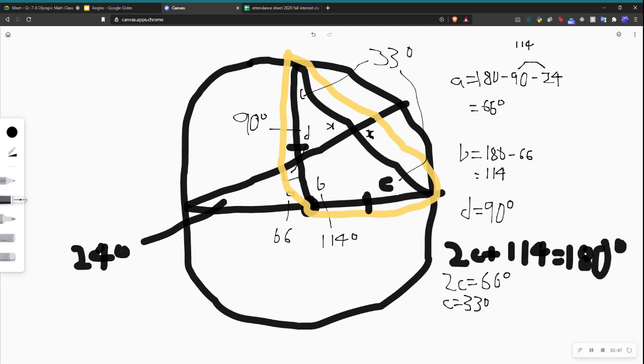And so now let's look at this smaller triangle right here. This smaller triangle contains C, D, and X. So now we can solve for X. We have X plus C plus D giving you 180 degrees. Where should I write that? Okay, bottom left corner. Plus C, which is 33, plus D, which is 9 degrees.